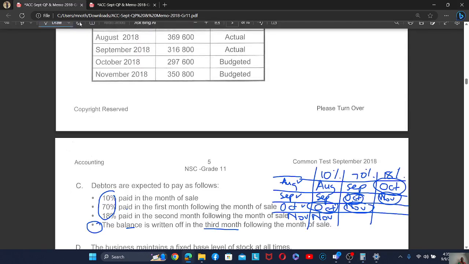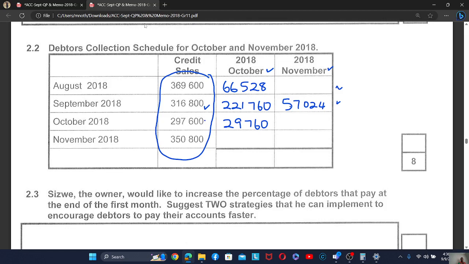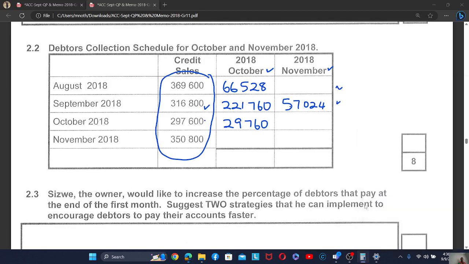And still in October, 70% will be paid in November. Times 70%, it is equal to 208,320.